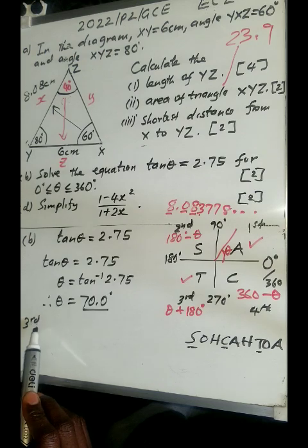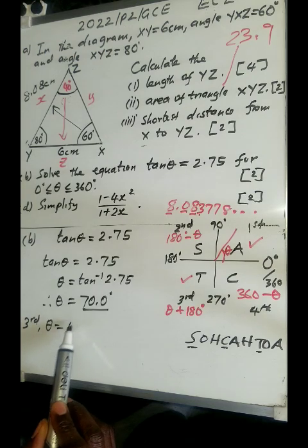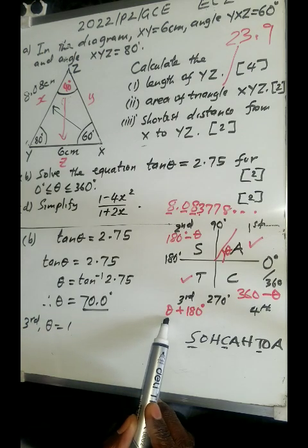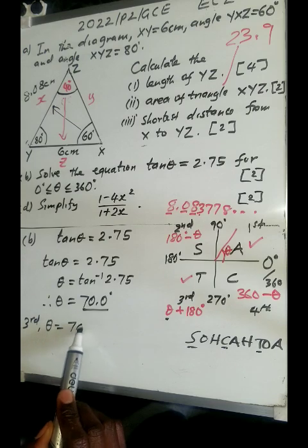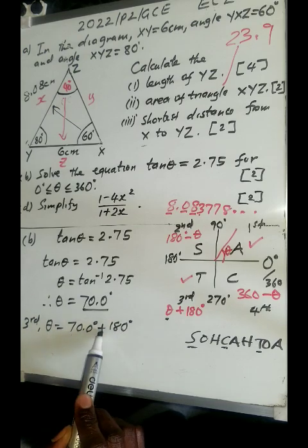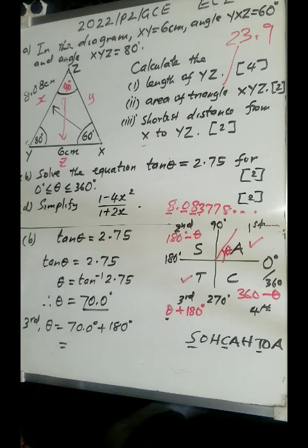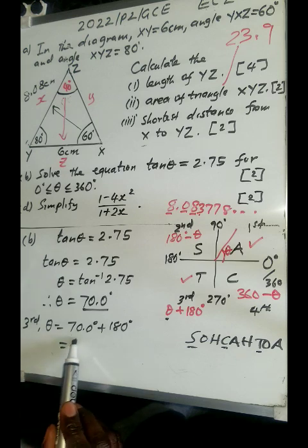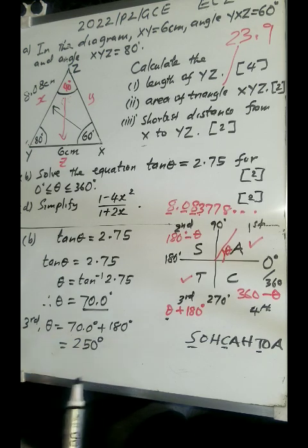In the third quadrant, remember what we said, it's the angle in the first quadrant. So we are going to say 70.0 plus 180 degrees. If you add 70 plus 180, it is simply giving me 250 degrees.